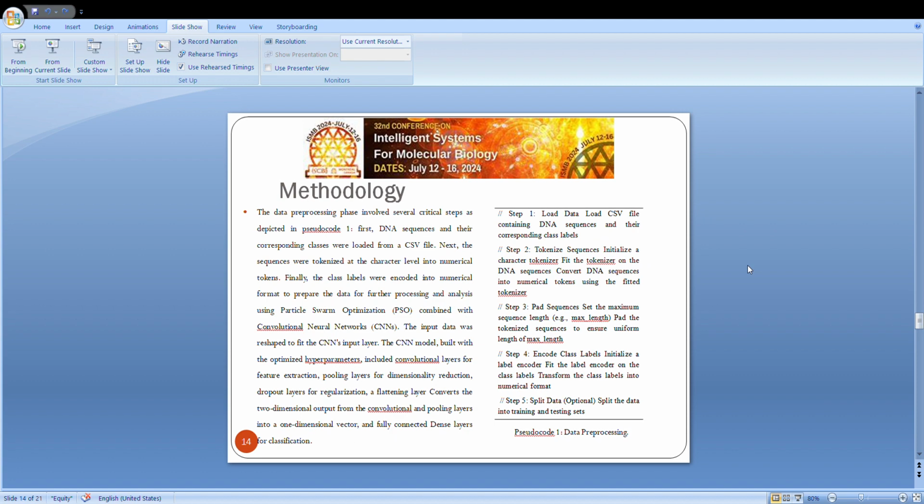Moving on to the data pre-processing. As we all know, CNN is often used for images, but for the novelty of this study, a lot of pre-processing was done just for us to make use of the CNN model. The DNA sequences were parsed with their corresponding classes.